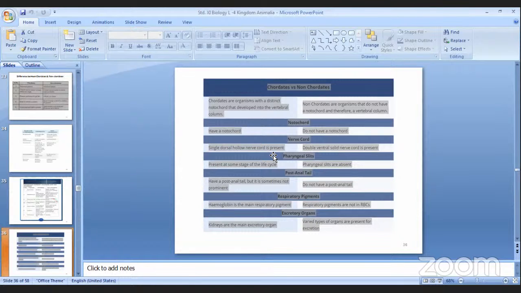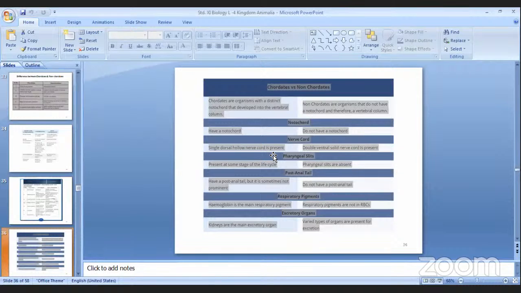So here the notochord develops into the vertebral column, whereas here there is no notochord, so no question of a vertebral column. Understood? Similarly here it has a notochord, and it does not have a notochord. Then a single dorsal hollow nerve cord is present, here double ventral solid. All the points are repeated, but this is a mixture of both the differences and the comparative studies or similarities.